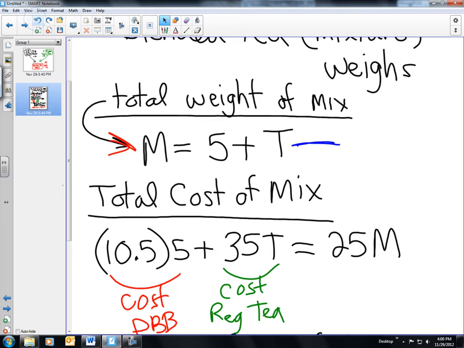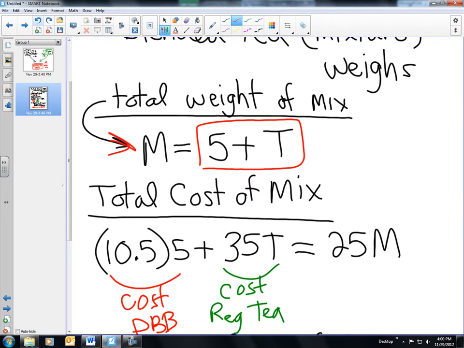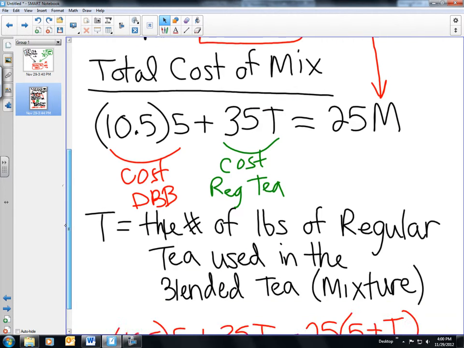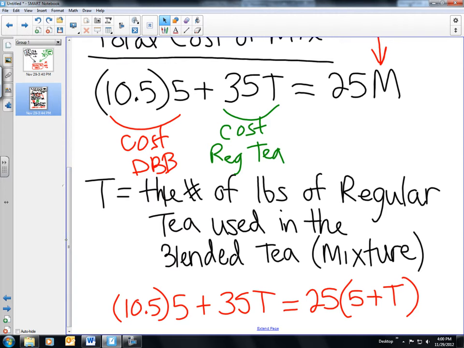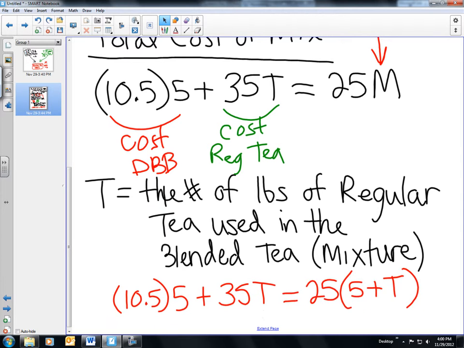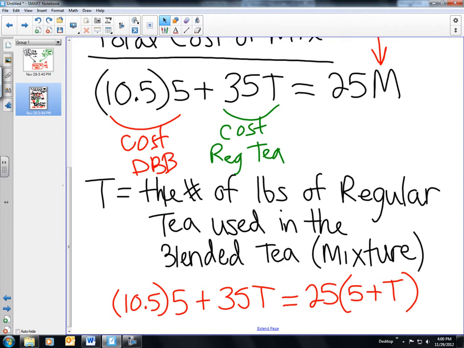Well, we can use what we call the substitution property. And the substitution property says this. Since we know that M is equal to this quantity here, 5 plus T, we can substitute that in for M right here. And that means I can rewrite this equation as 10.5 times 5 plus 35T equals 25 times that new quantity, 5 plus T. So how do we solve this?